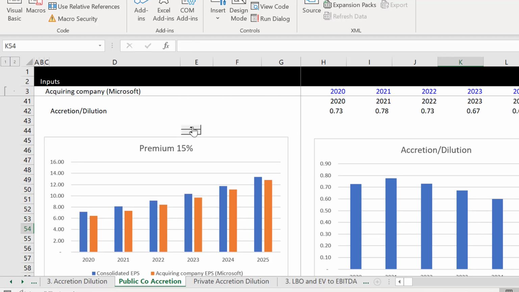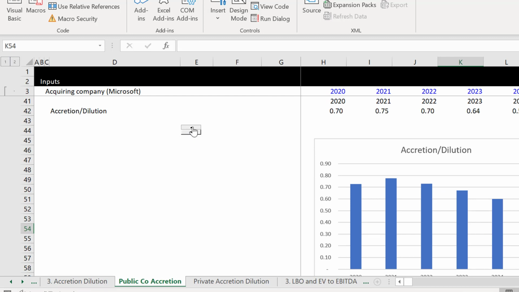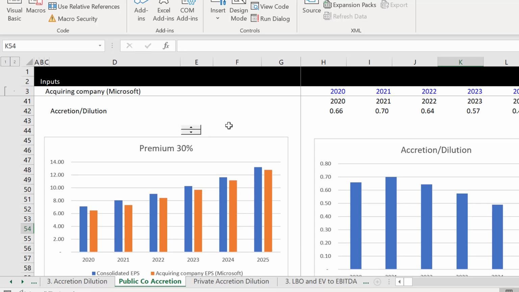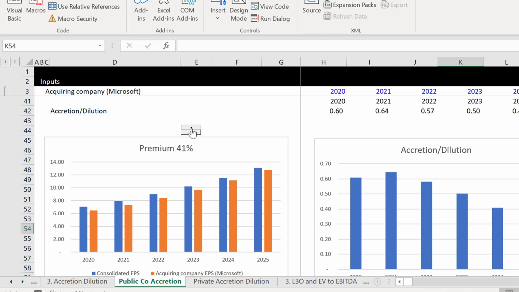Eventually, if we put a high enough premium in here, maybe I'll have to put more than 50% premium. We could even stop here. You can see that dilution and accretion is going down.